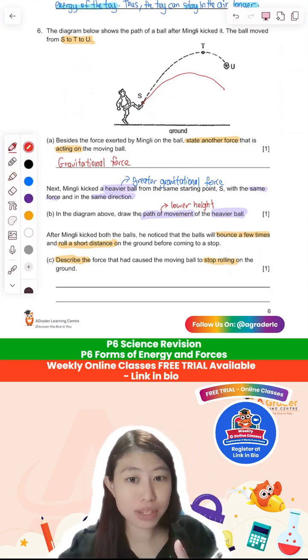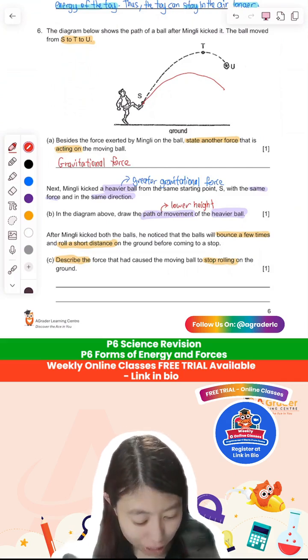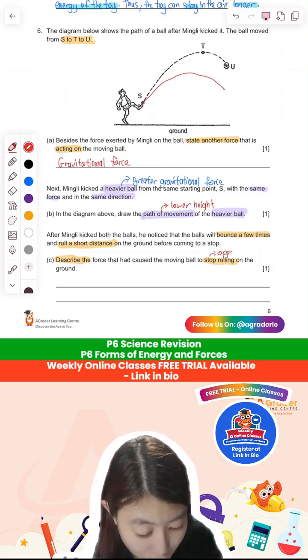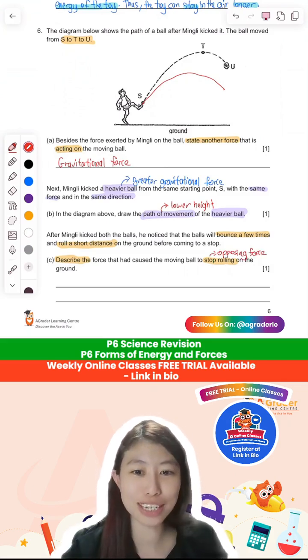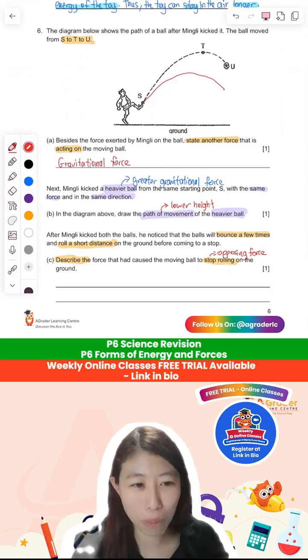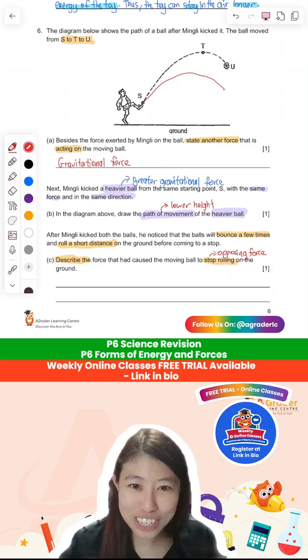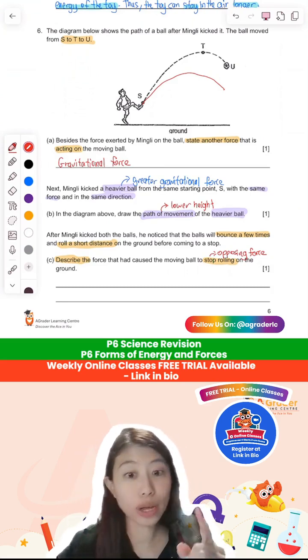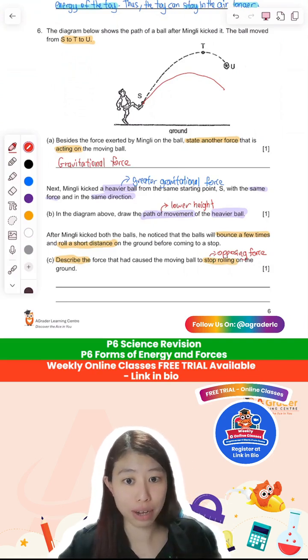The thing that stops the ball from moving is supposed to be an opposing force. What force opposes motion? Just now I went through. Not past motion, opposes motion. Yes, friction. Very good. A lot of you got it correct. But they call you to describe, so you cannot just say friction, the end.